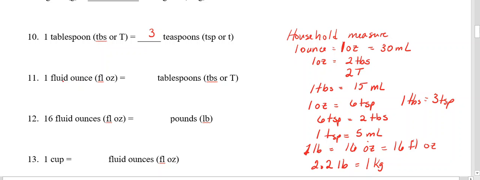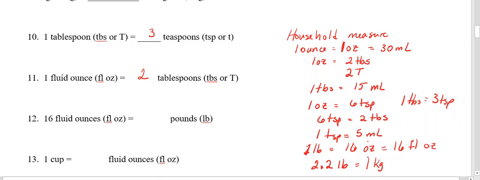All right, so here we're asking, 1 fluid ounce equals how many tablespoons? 1 ounce equals 2 tablespoons, so it'll be 2. Then number 12, 16 fluid ounces is equal to how many pounds?